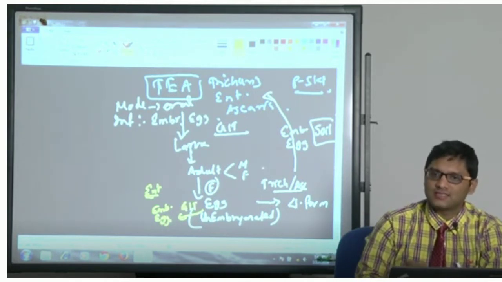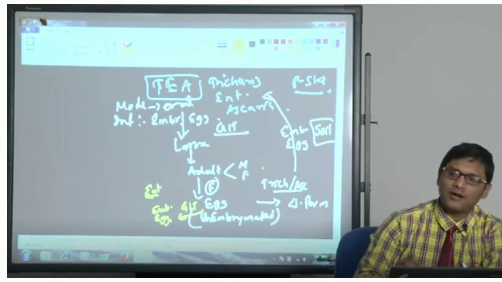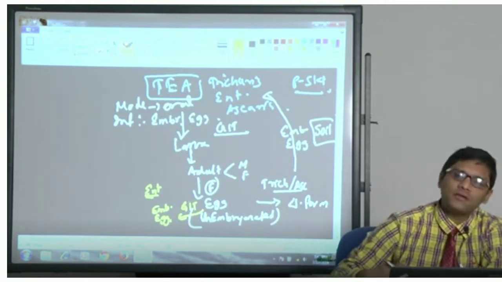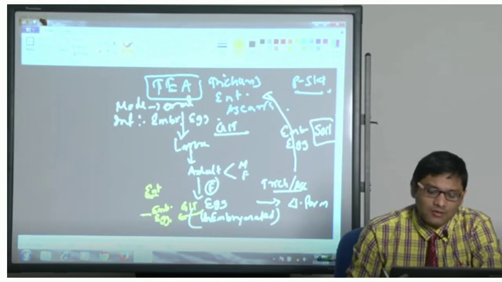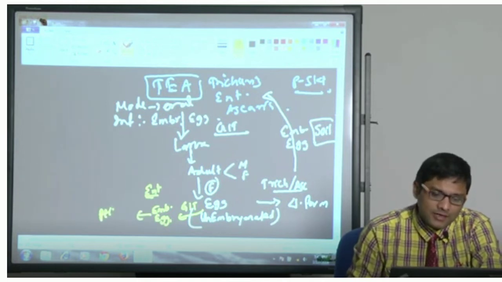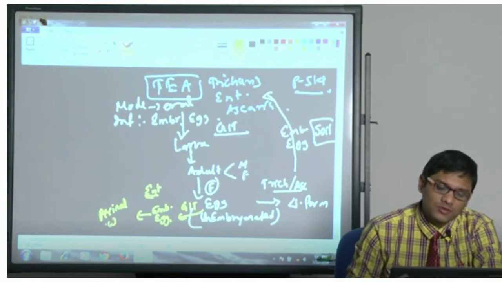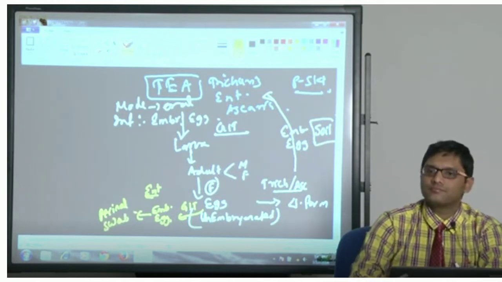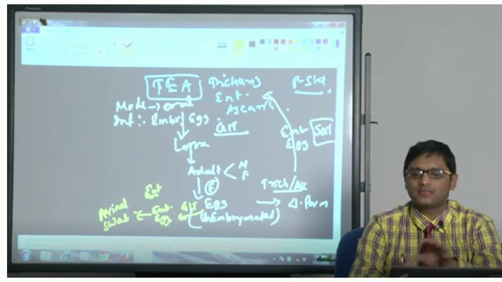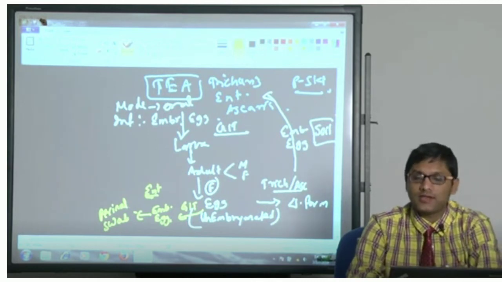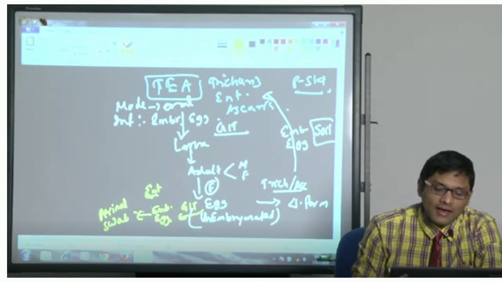So, what is released? Embryonated egg is actually not released in feces, they are usually present on the perianal skin, because they will be crawling in the perianal region. So, you have to take perianal swabs, where you will get embryonated egg as the diagnostic form.